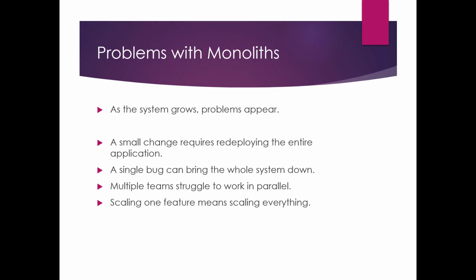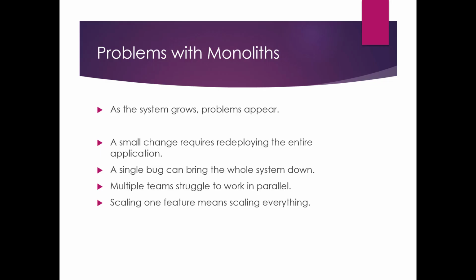So what actually is the problem? As a system grows, the problems appear. In a smaller system, there is no problem. But if a system grows, a small change requires redeployment of the entire application. For example, if we want to change something in the payment, the whole application needs to be pushed. A single bug can destroy all the areas.